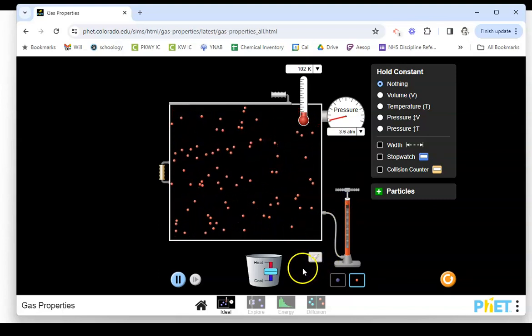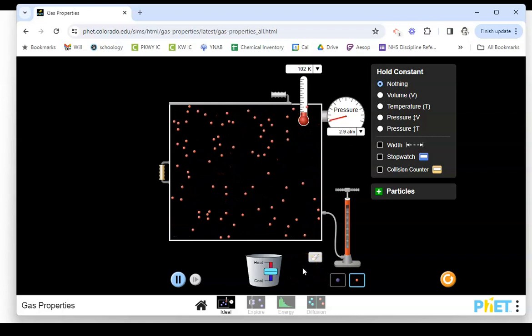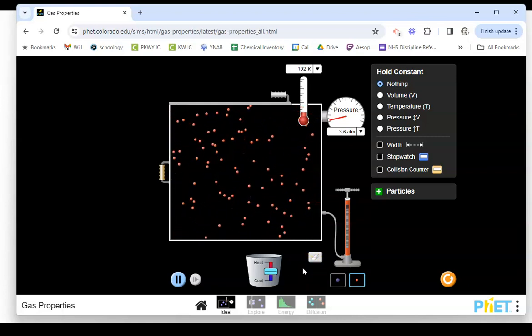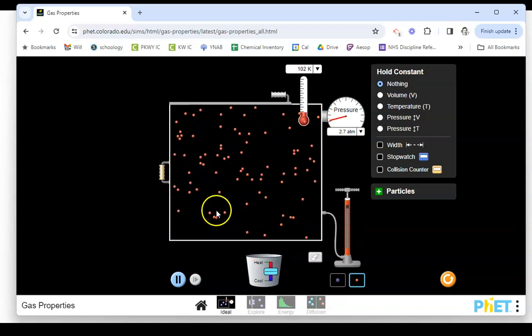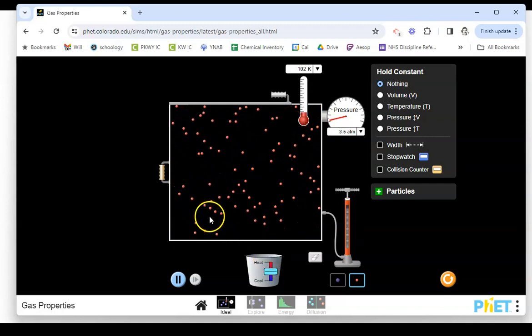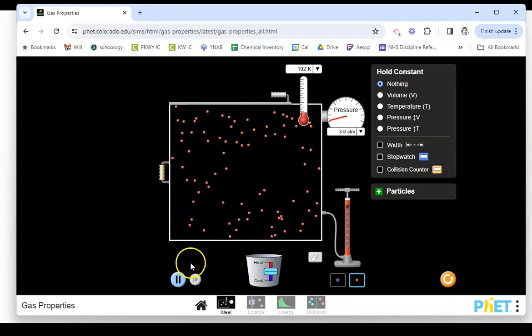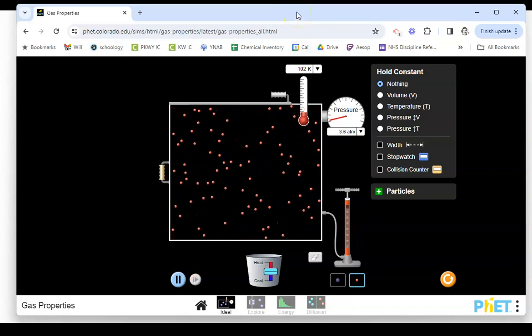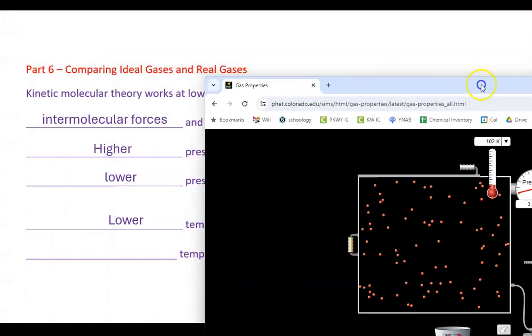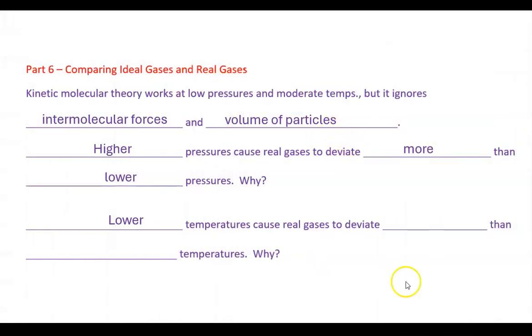But generally speaking, the slower they are moving, what is that going to do to the amount of sticking together that can happen when they collide? Right? If they're moving slower, they are less likely to bounce apart. They're more likely to stick together and even condense to form a liquid. So at lower temperatures, real gases deviate more than they would at higher temperatures.